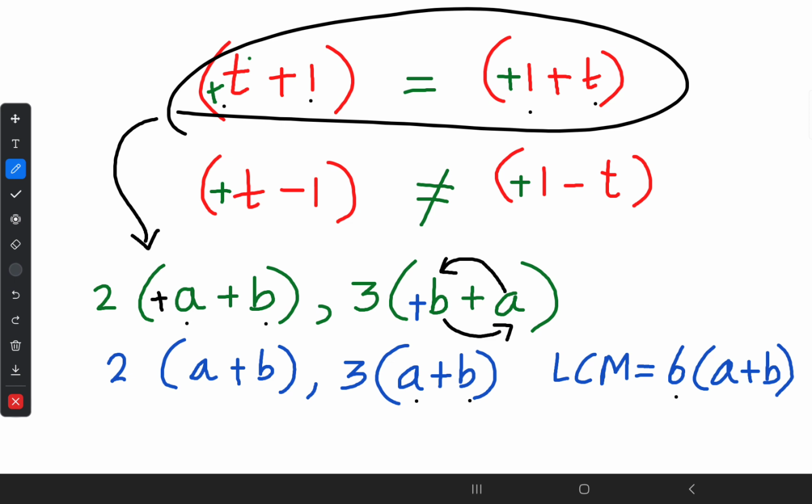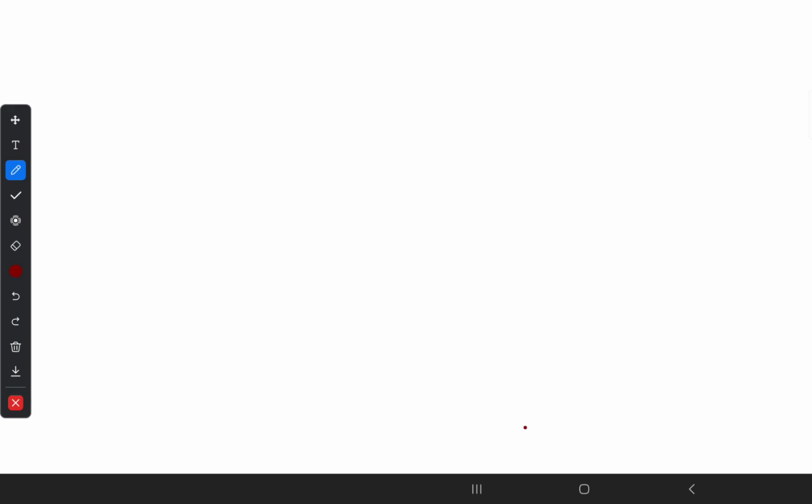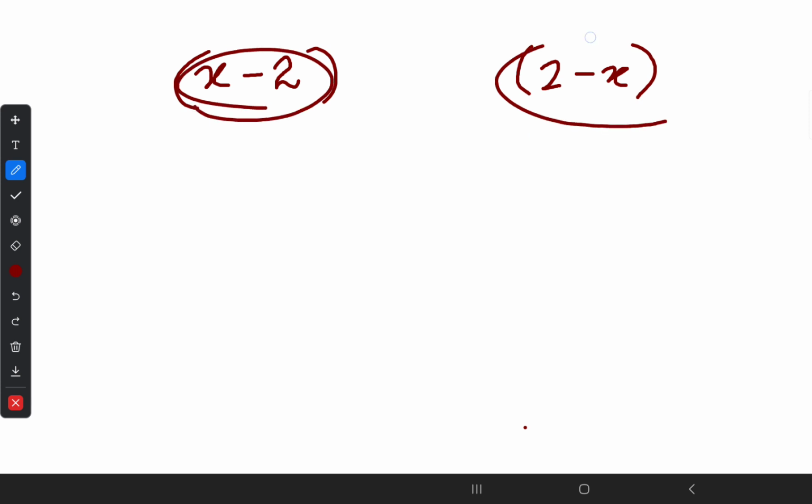That's what we did. So if I have x minus 2, this is an expression. Here I am having 2 minus x. Sometimes you will think both are same, because we had t plus 1 equals to 1 plus t. Likewise, x minus 2 equals to 2 minus x?